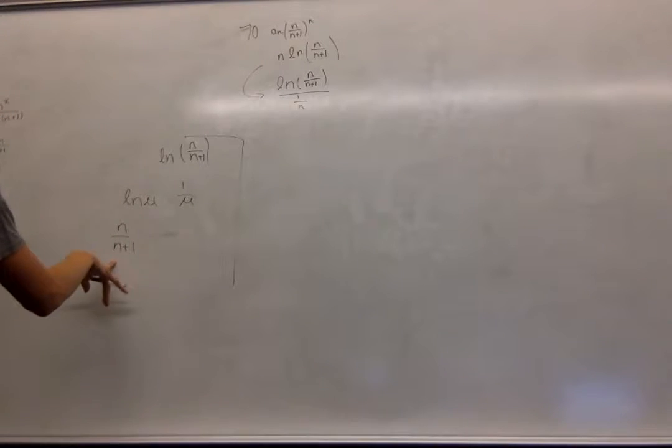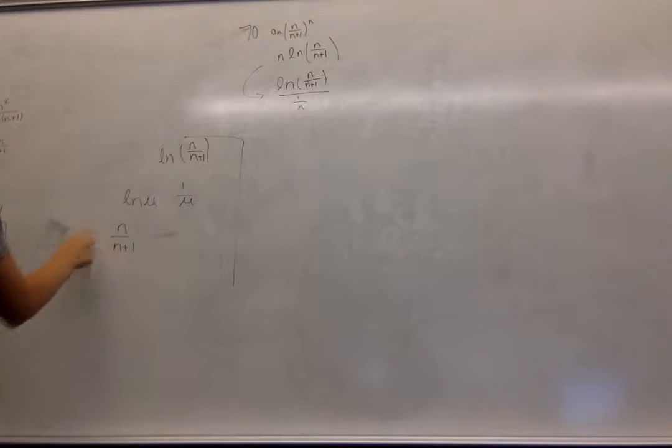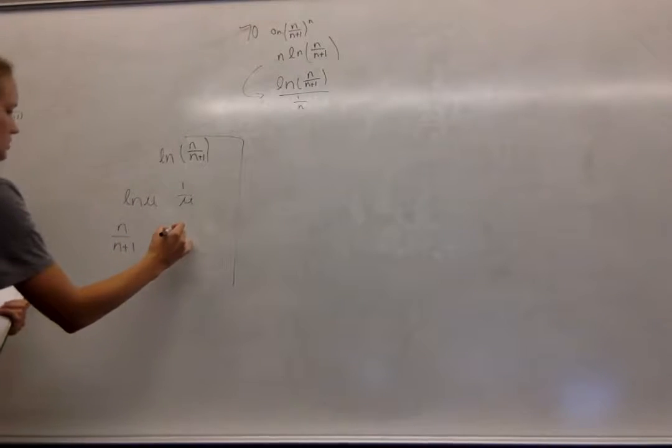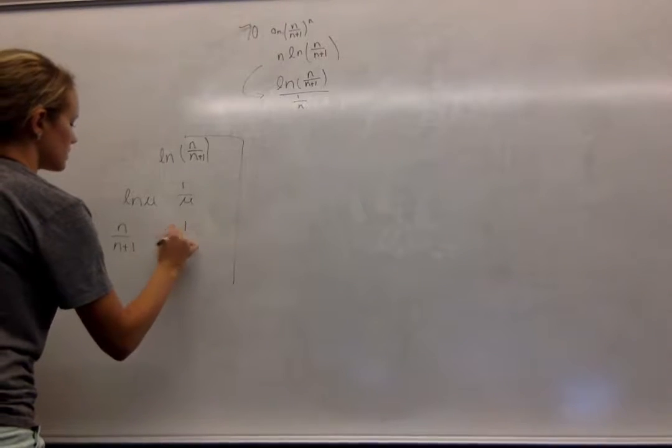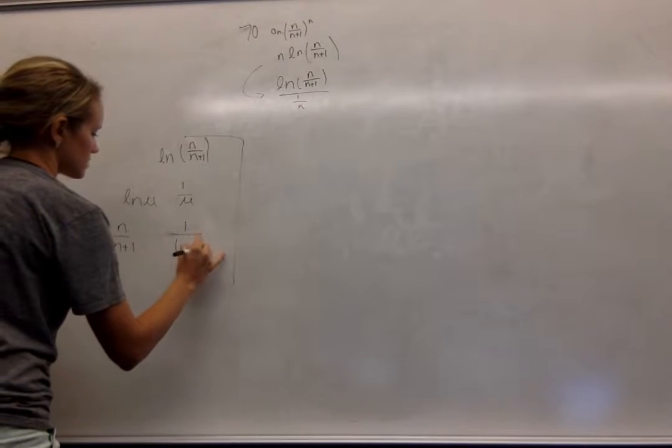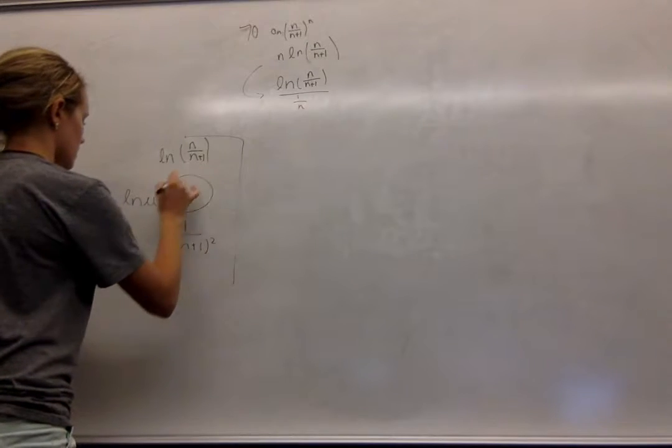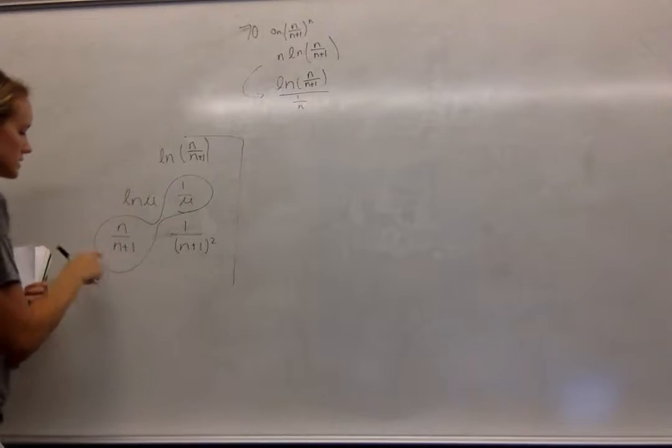And then to solve this, the derivative of n over n plus 1, oh, sorry, it's 1 over (n plus 1) squared. Now I'm going to circle this.